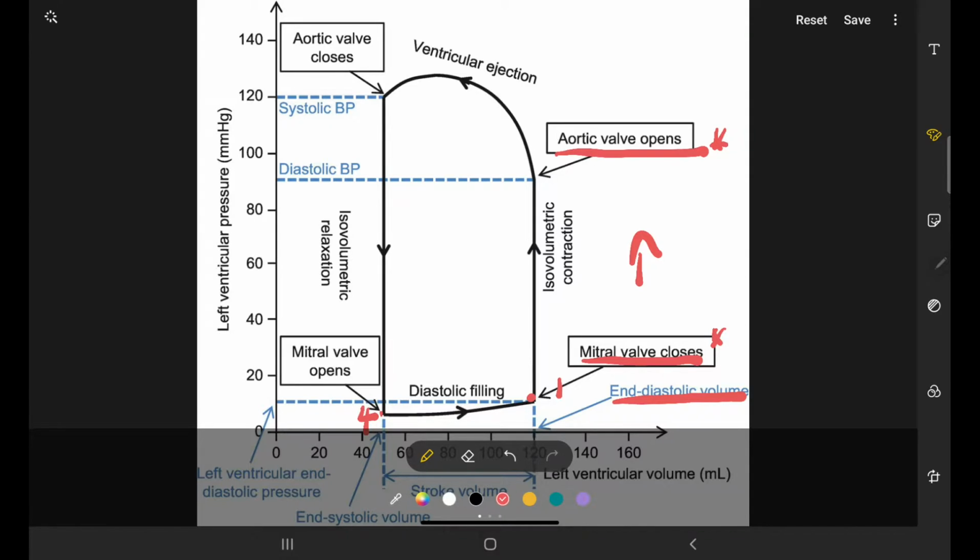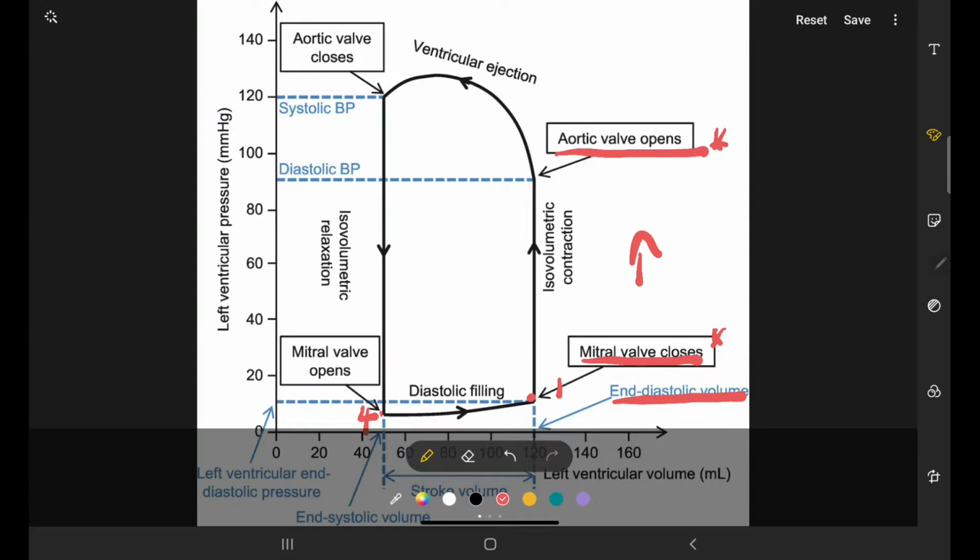All right? But when it reaches about or after 80 millimeters of mercury, the aortic valve is going to open. When the aortic valve opens, you have the fast ejection and the slow ejection.